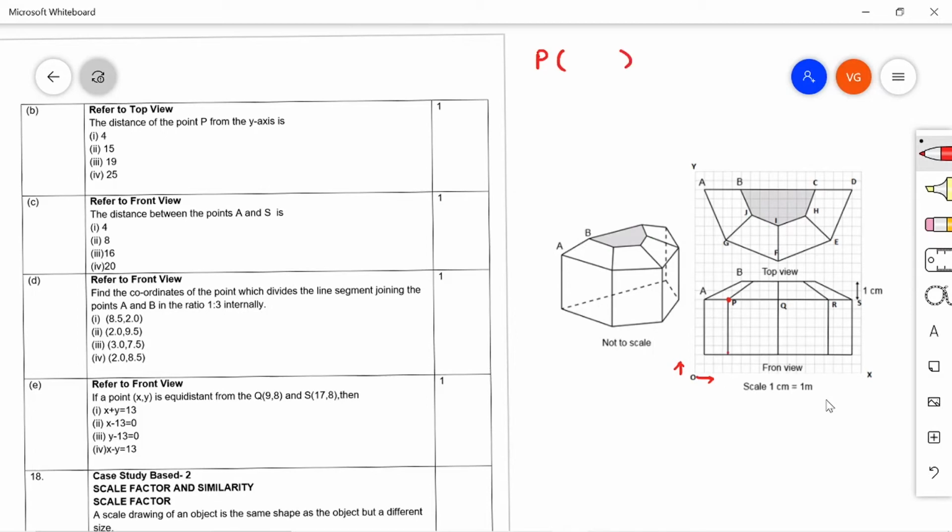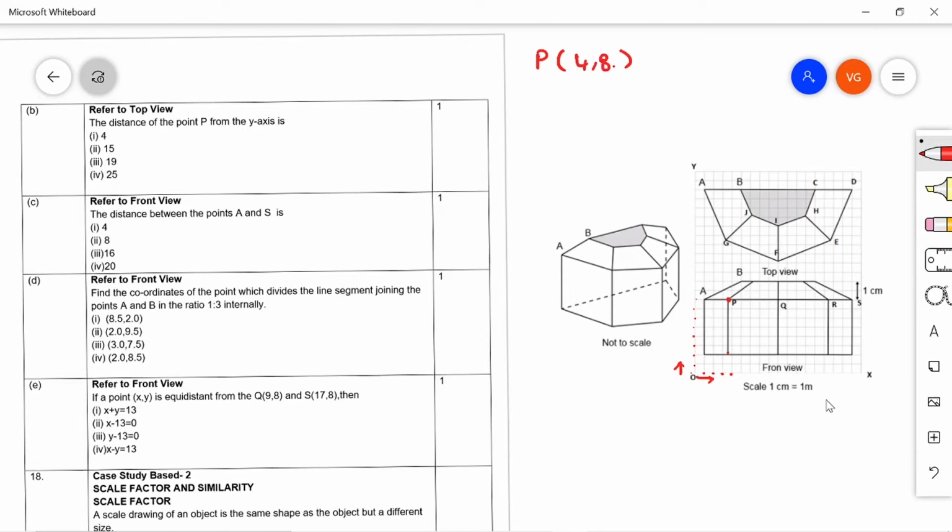So point P is here. Note down from the origin, it is 1, 2, 3, 4 units on the x-axis and then 1, 2, 3, 4, 5, 6, 7, 8 units on your y-axis, right? So the point here is 4 comma 8.